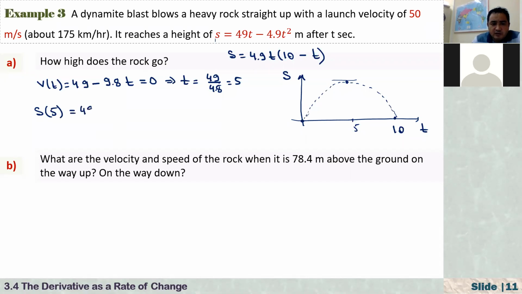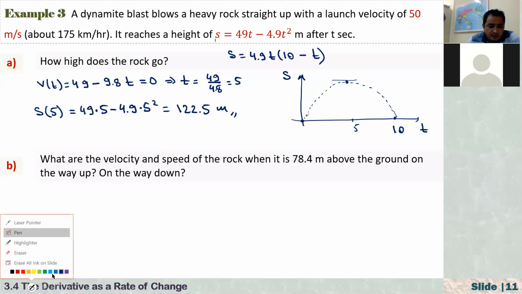That is 49 times 5 minus 4.9 times 5 squared, which is 49 times 5 minus 4.9 times 25, equal to 122.5 meters. That is the highest point this dynamite can reach.